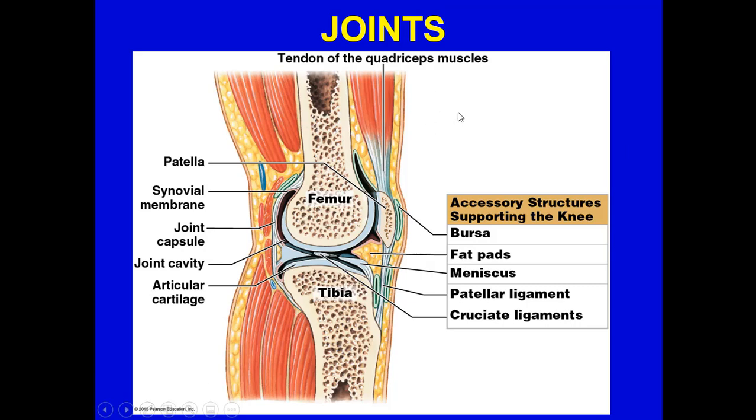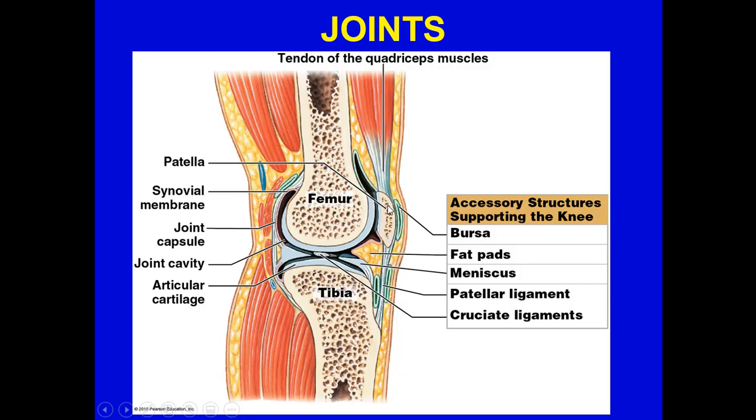Let's take a look at a knee joint, for example. Here is the tendon of the quadriceps muscle. So the quadriceps muscles are up here, and you have bursa here and here, a little bit here and here, as well as a small amount perhaps here. What you'll notice also is the patella.